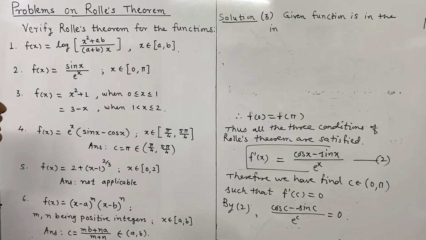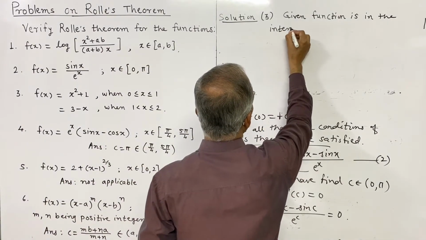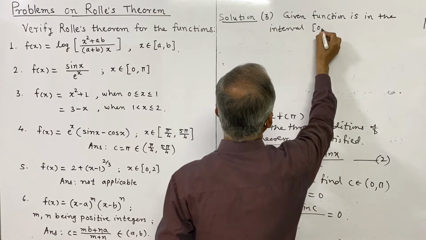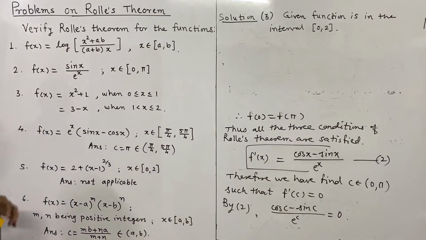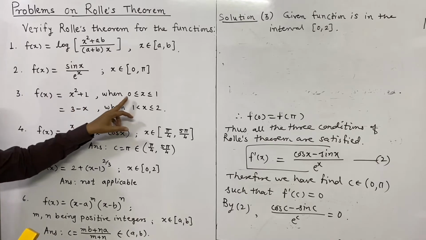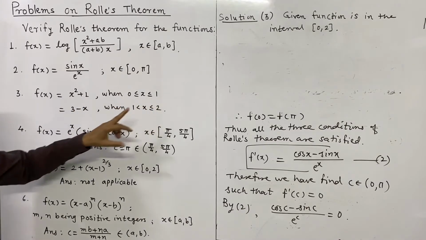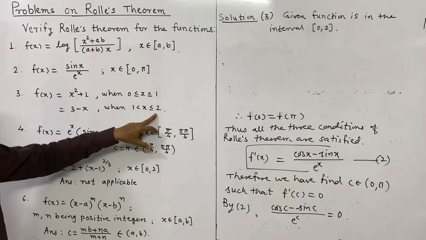The given function f of x is defined in the interval 0 to 2. Now we have to check whether the function f of x is continuous or not. So x square plus 1 is a polynomial function. It is continuous in this interval. And 3 minus x is also continuous in the interval 1, 2.